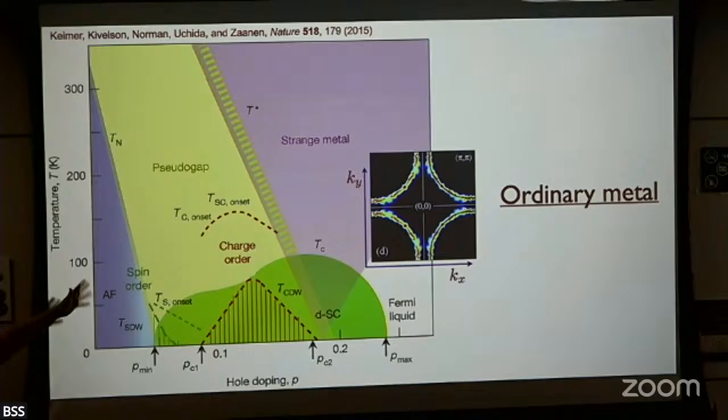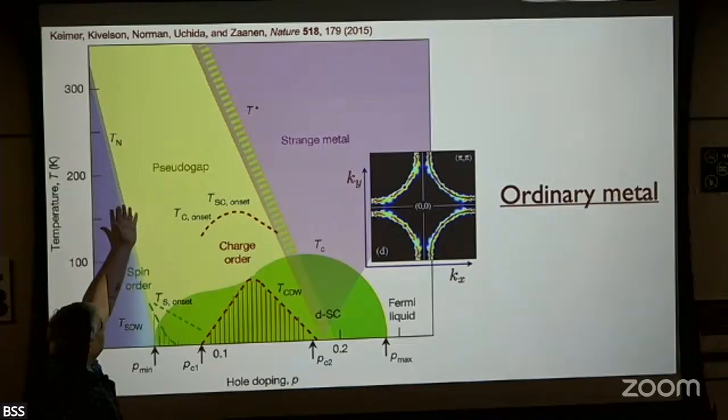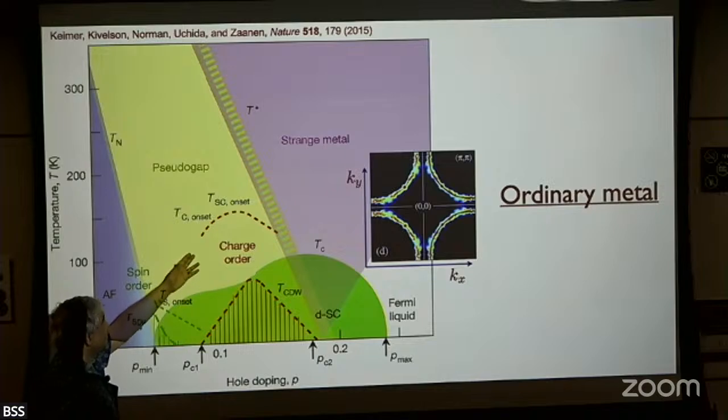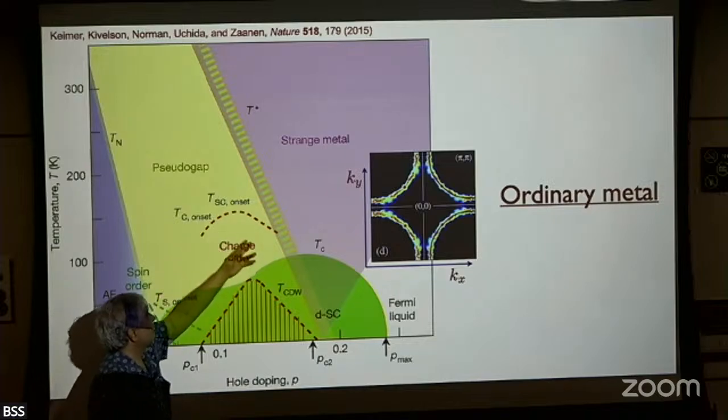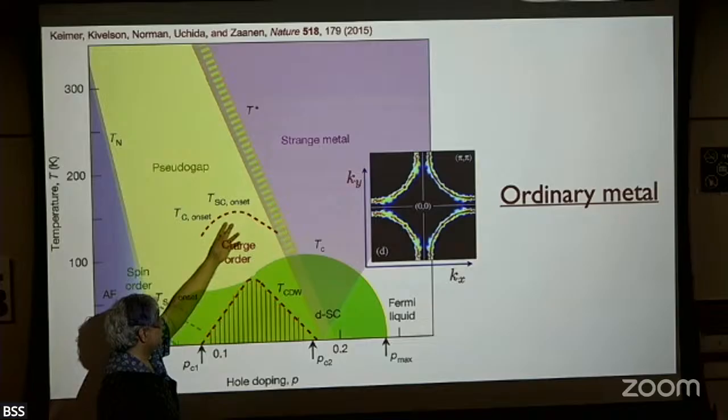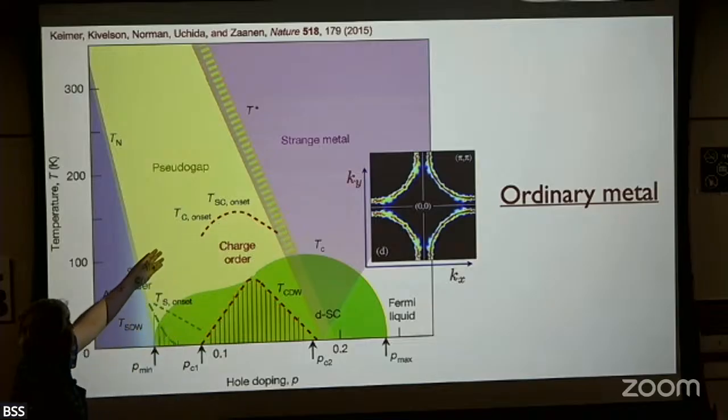But as you can see from this picture, everyone agrees, all these people have been arguing with each other for decades, that there is something very special. There's a pseudogap phase, and it's well above any kind of ordering. You might see charge density wave ordering or superconductivity. The onset temperatures where you see any appreciable experimental signal is about 150 Kelvin.